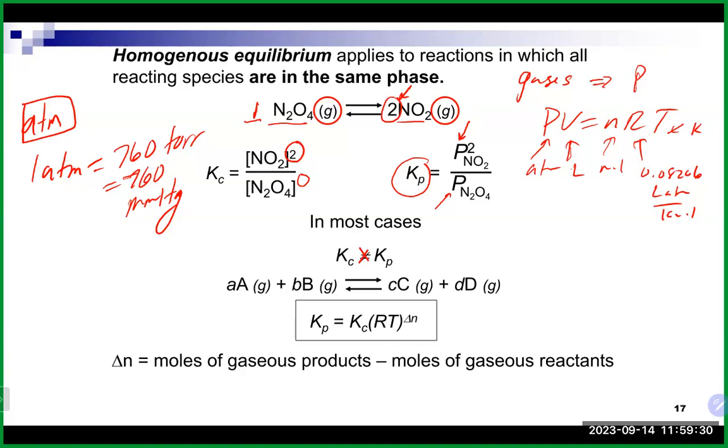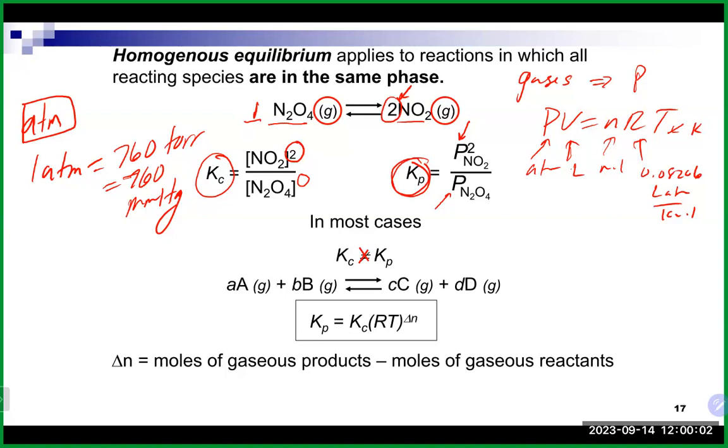By the way, for either the Kc or the Kp value, in order to put numbers in there to get actual values, they have to be either equilibrium concentrations or the pressures of everybody when they reach equilibrium. So you can't throw initial concentrations or initial pressures into these. They would have to be equilibrium pressures or equilibrium concentrations.